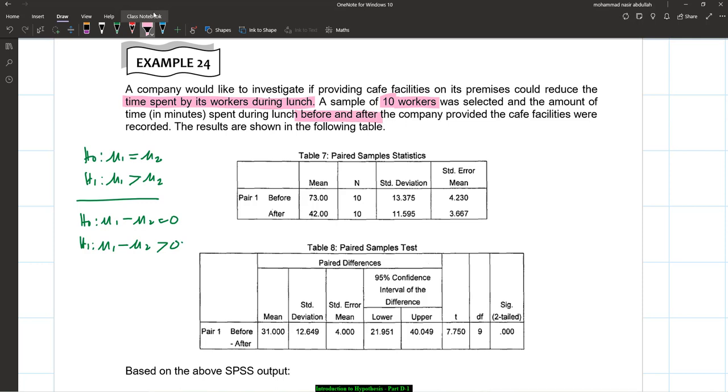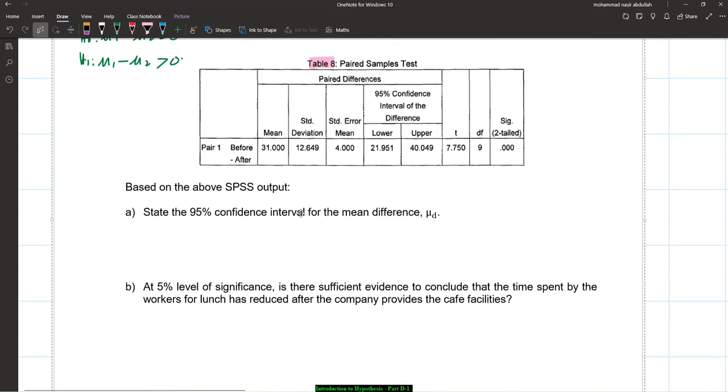So we have table number 7 and table number 8. This is a common table, right? State the 95% confidence interval for the mean difference. The 95% confidence interval we already learned: mean difference plus minus t alpha divided by 2 with the degrees of freedom, multiplied by the standard error of the mean.